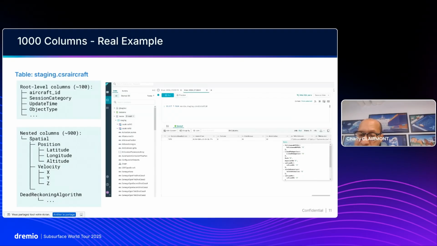The spatial position latitude is transparent for SQL users. So for SQL users using Dremio, it was very easy to access that data. Dremio manages JSON format very well, so our users using Dremio were very happy with such a proposition.